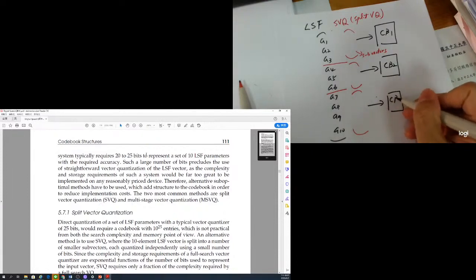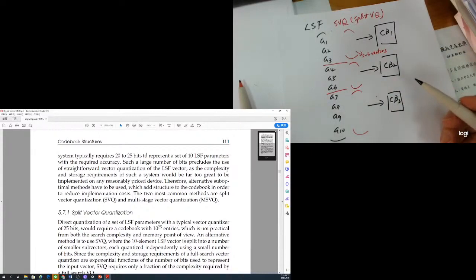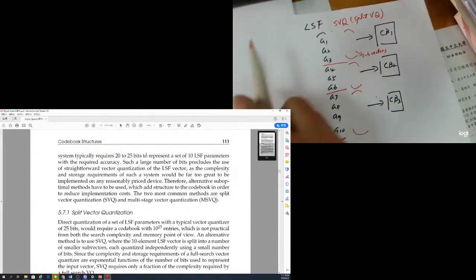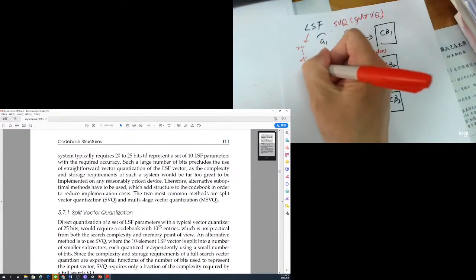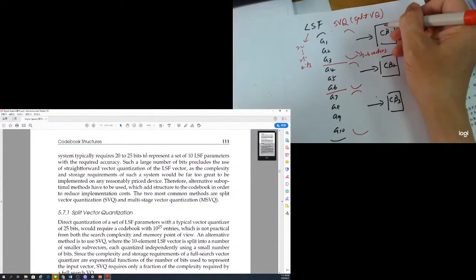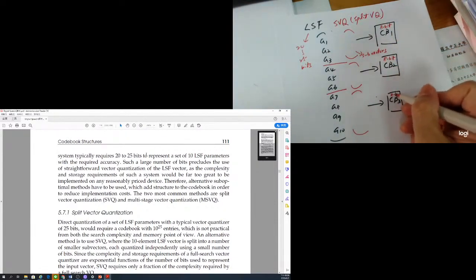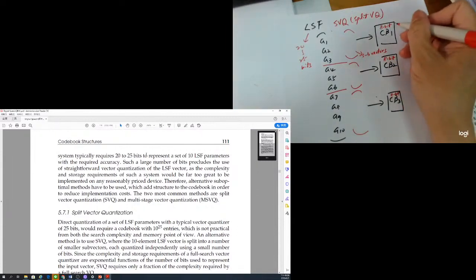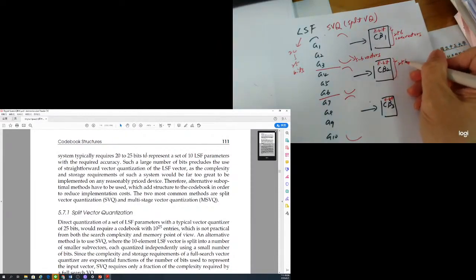Based on each codebook, we do the vector quantization. Right now we are using around 20 to 25 bits, so each codebook can be an 8-bit codebook. An 8-bit codebook has how many codevectors? We have 256 codevectors to do the vector matching.